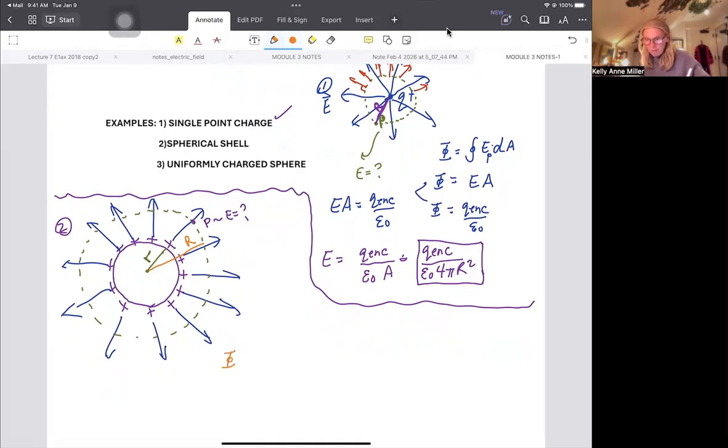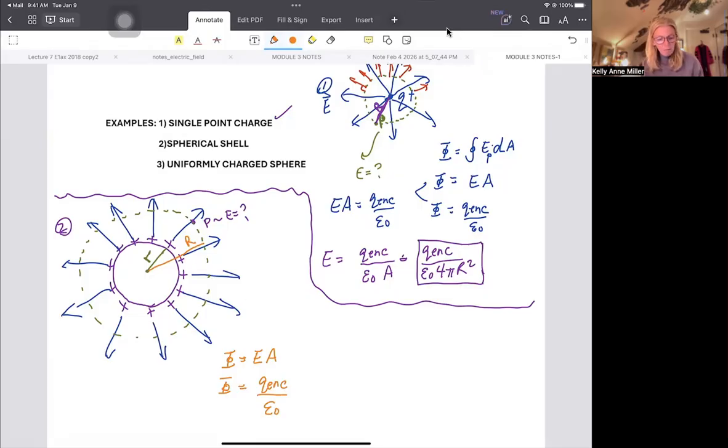I write out the formula for flux. The condition of the electric field and the area vector being parallel has been met. So I can just say that the flux is equal to the electric field times the area of my Gaussian surface. I can say that the flux also equals Q enclosed divided by epsilon naught.